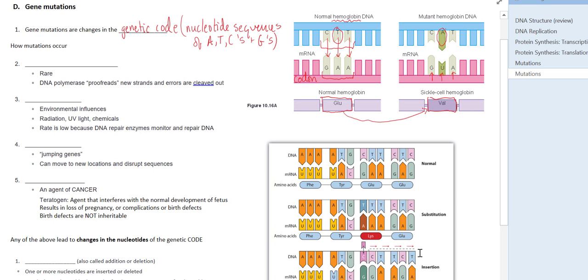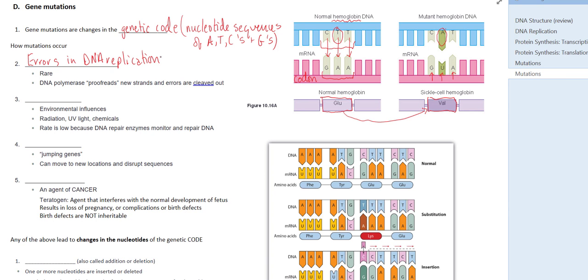All right, and just going through how mutations occur. One of the primary ways in which mutations occur is simply errors in DNA replication. And remember I said that this does happen, although we have spell checker enzymes that ensure the right nucleotides are paired up.